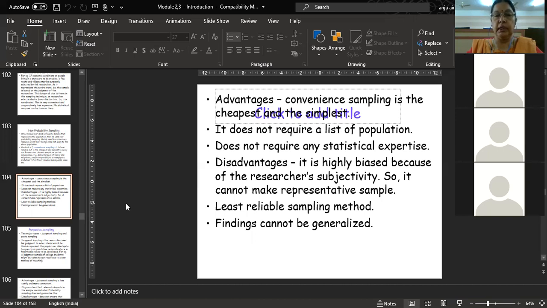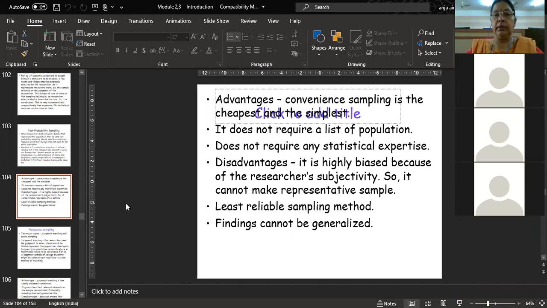So what is the disadvantage of the convenience sampling technique? It's highly biased because it depends on the researcher's convenience, what the researcher wants, whom he wants to include in his sample. It is all left to the researcher. So he will not get a representative sample. That means he will not get a sample which has the same characteristics as the population.